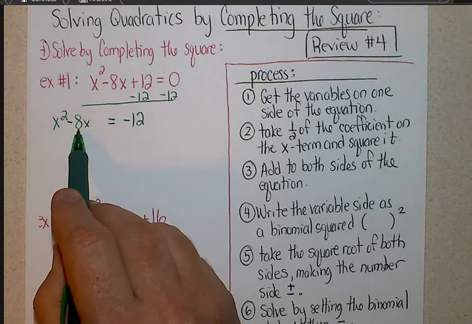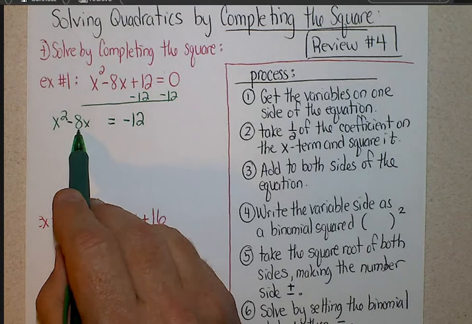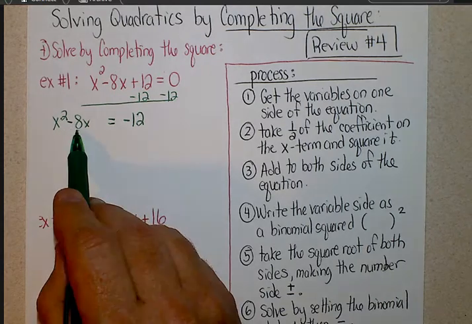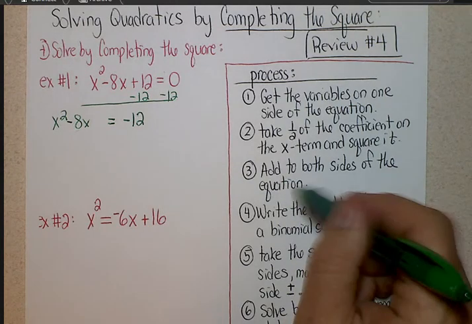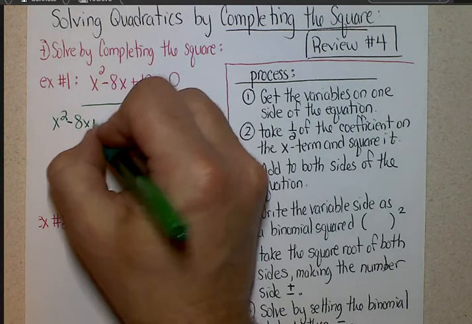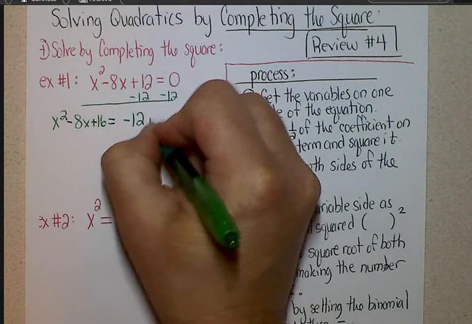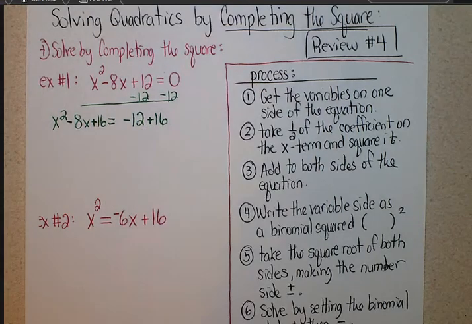Half of that negative 8 is a negative 4. And then we're going to want to square it. All right, so a negative 4 squared is a negative 4 times a negative 4, which is a positive 16. And we're going to take that positive 16 and add it to both sides of the equation. So plus 16, plus 16. All right, that takes us through step 3.